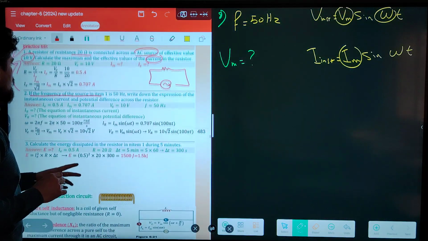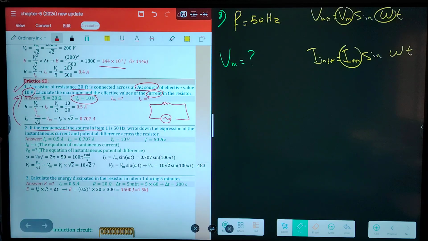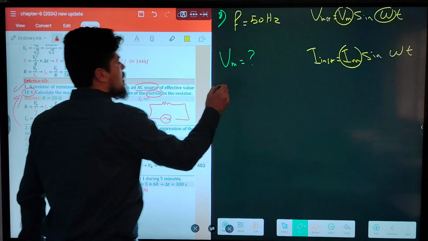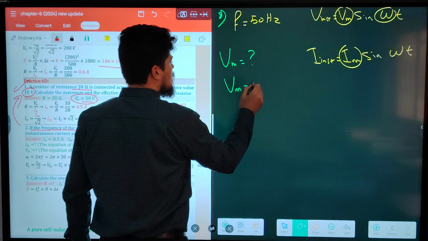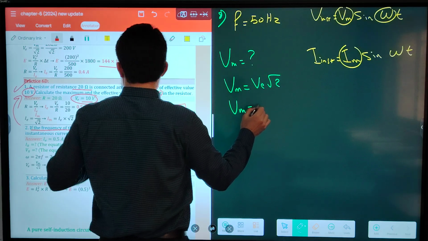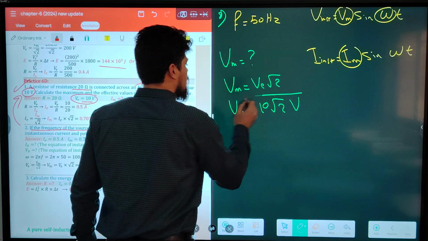In the previous question, we had Ve. Ve is equal to 10. Vm is equal to Ve times radical 2. Ve was given in question 1 as 10 volt.